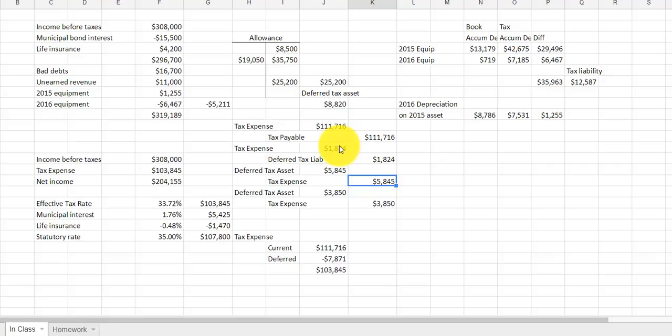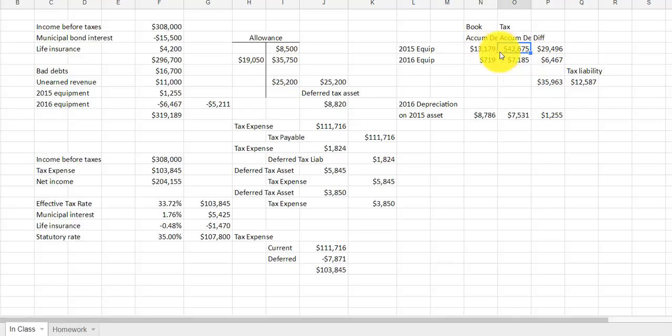Now on the depreciation side, we're going to look at our cumulative depreciation. So after 2 years on the income statement, we depreciate $13,179 on the 2015 equipment. That's the 43 or so from last year and the 87 from this year. And then on the tax side, it's the 35 from last year plus the 7 from this year added together.